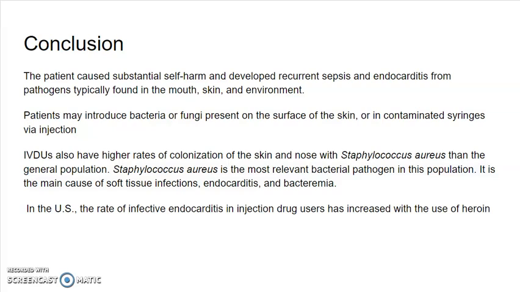Staph aureus is the most relevant bacterial pathogen in this population, and it is the main cause of soft tissue infections, endocarditis, and bacteremia. Staph aureus is the most common cause of intravenous drug use infective endocarditis, accounting for more than half of all the cases. So streptococci and enterococci are the next most common pathogens. And in the U.S., the rate of infective endocarditis in drug users has increased with the use of heroin.